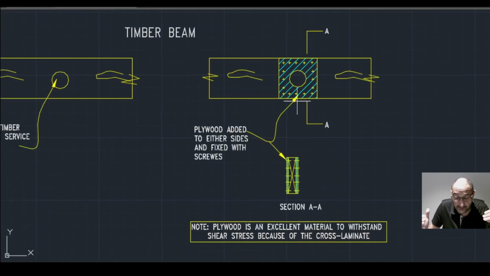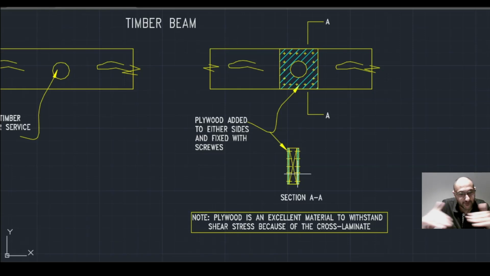Now, plywood is a great material to take shear stress. Why do you think that is the reason? Because of their cross-laminate properties. That's why they use it a lot as a bracing board when we're bracing homes to take the racking forces. Plywood is a great way of going about it.